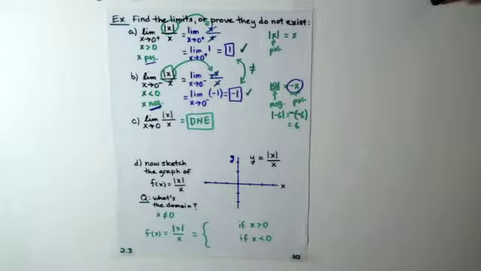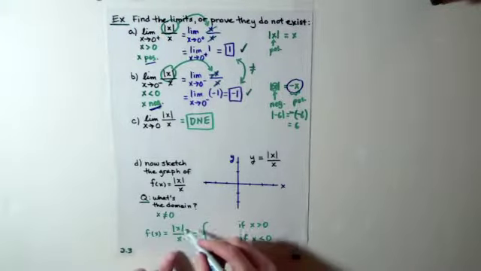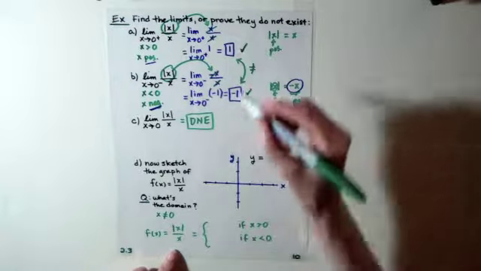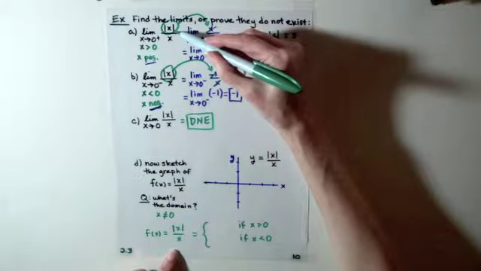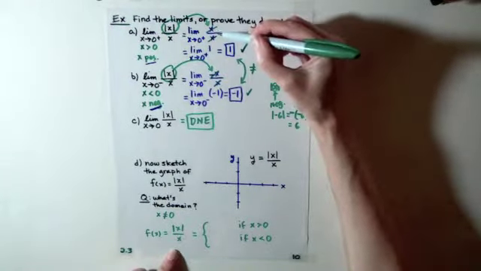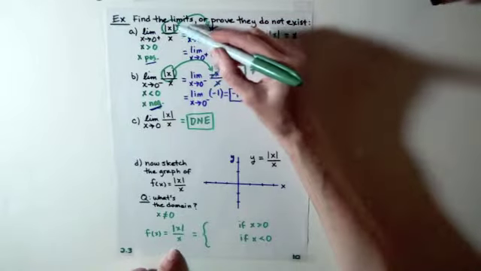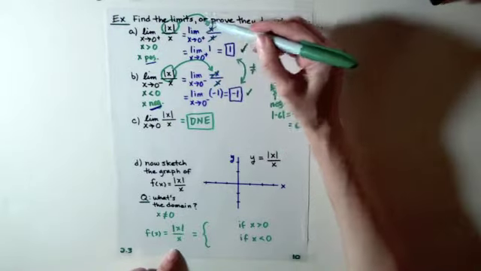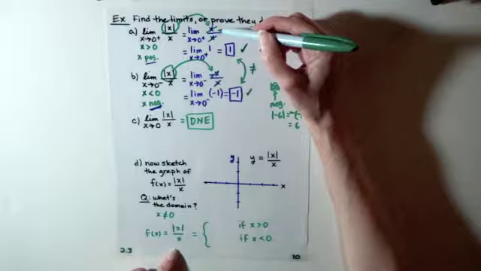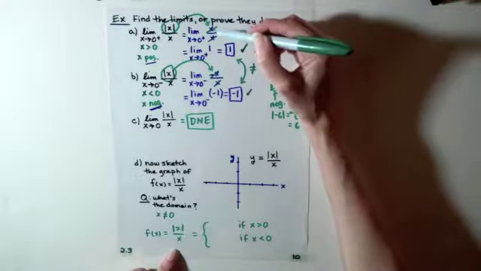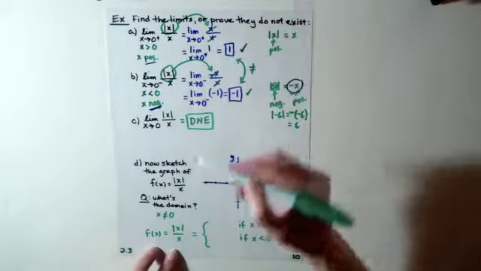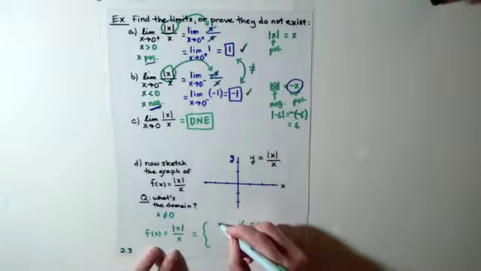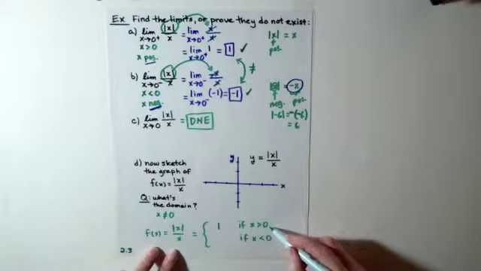That is not in the domain of our function. When x is greater than 0, our function simplifies exactly the way it did when we were doing the limit as x approached 0 from the right. And remember that in that case, absolute value of x is just equal to x, because x is something that is positive. X over x reduces to 1. So this function is equal to 1 when x is greater than 0, positive.